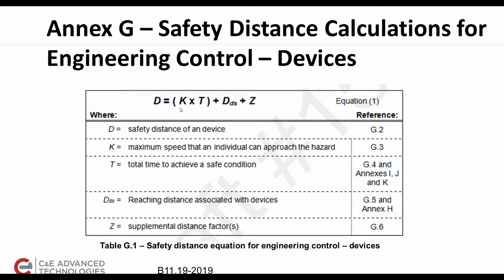By the way, the hand speed constant K is typically taken at 63 inches per second. So knowing the stopping time or the time to safe, one can calculate what the separation distance needs to be.